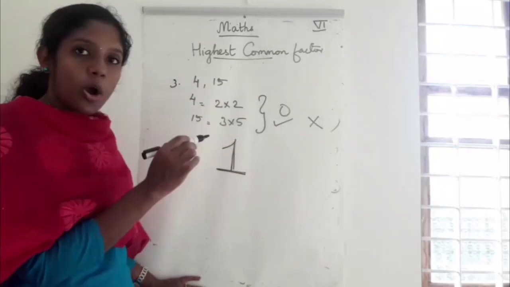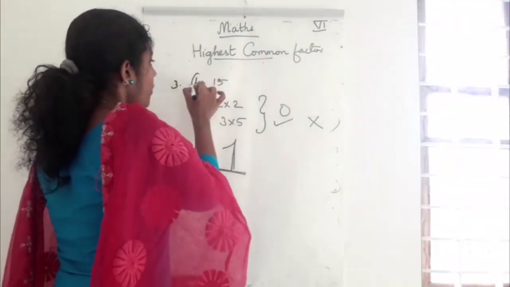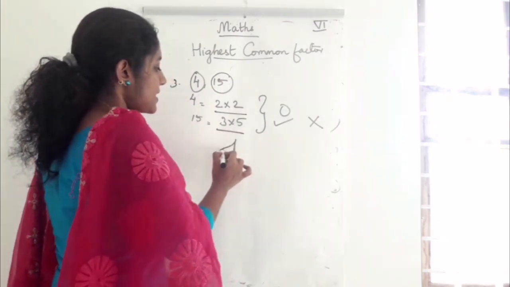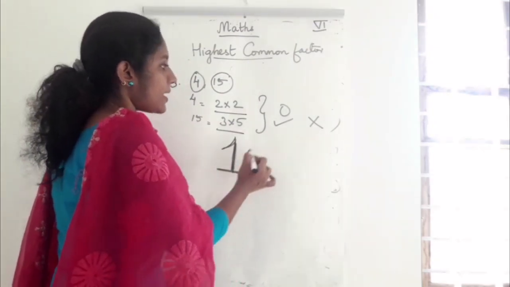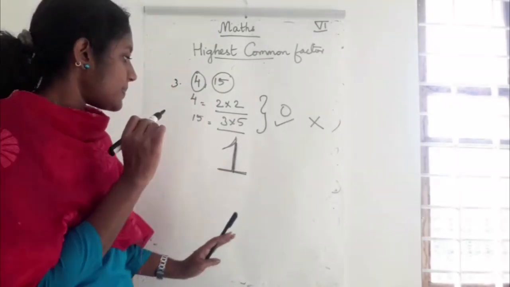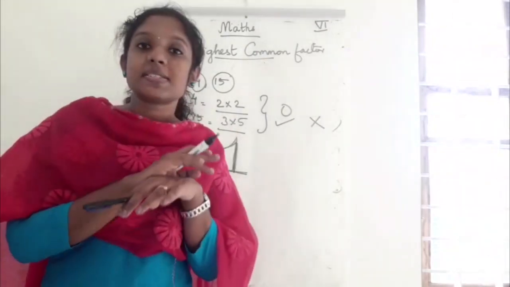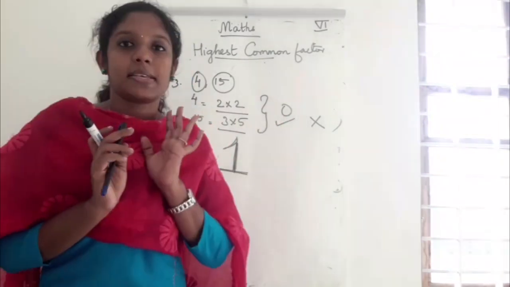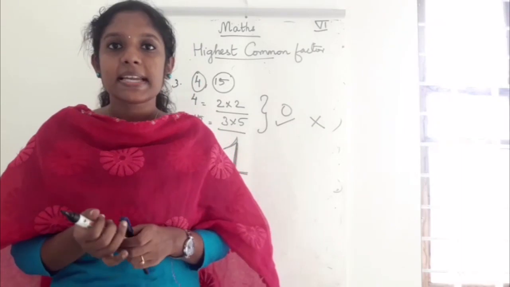So when 4 and 15 are co-prime numbers, there is no common factor, which means the highest common factor is 1. The answer 0 is wrong. Keep that in mind: when there is no common factor, the highest common factor is 1, not 0. So we have completed that exercise.